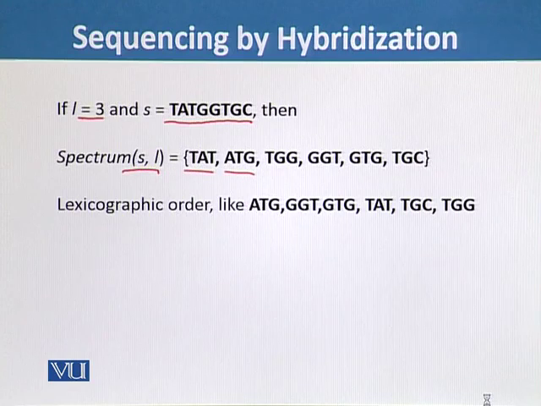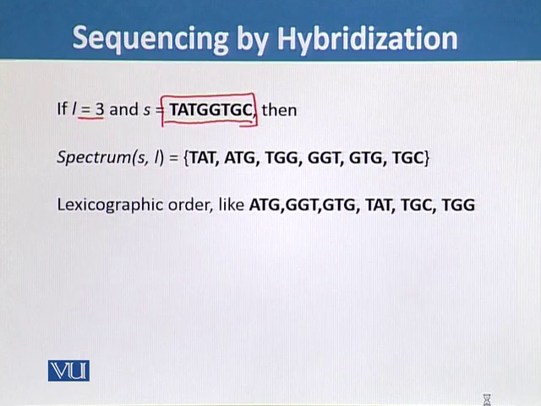Because this is the shortest information, we can say that this S is a superstring, and we can get the information from this superstring. We take the first three letters, TAT. Then we move one letter to the right and start from ATG.